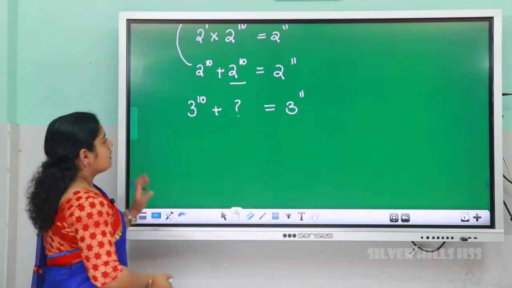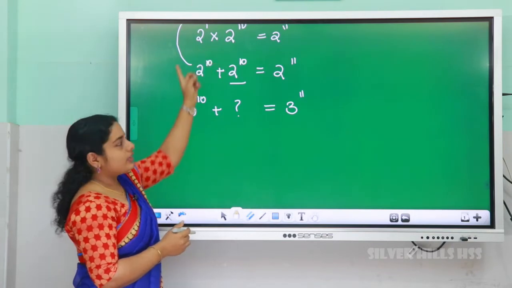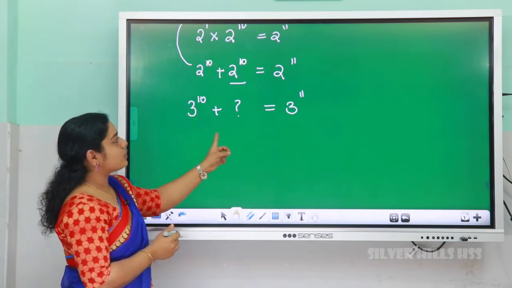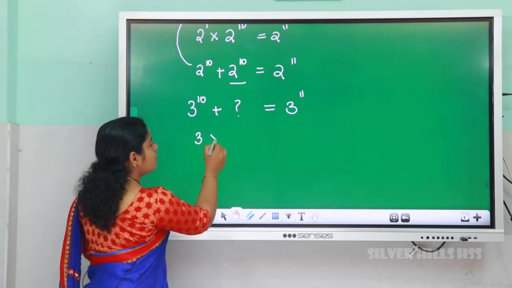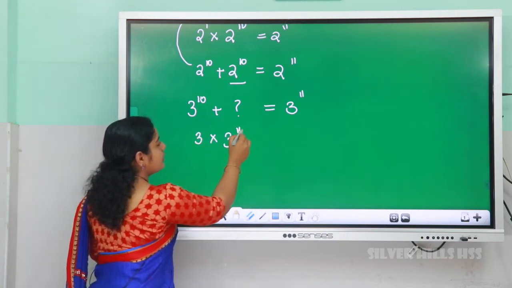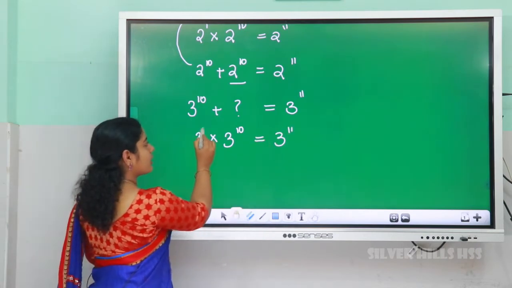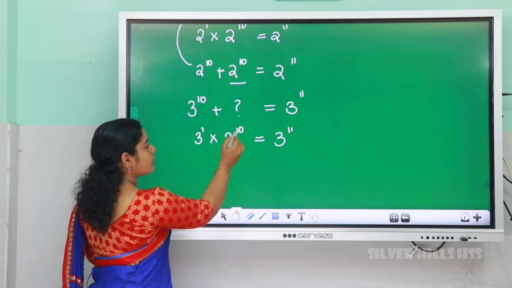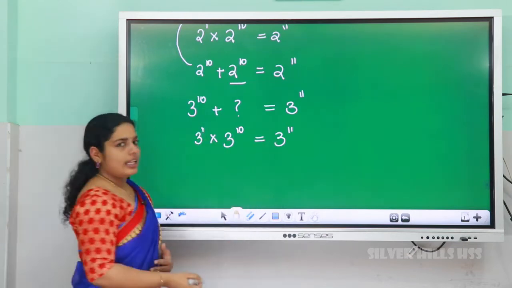Similar to this method, we have here 3 into 3 raised to 10 is 3 raised to 11. Okay, 3 means 3 raised to 1. 3 raised to 1 into 3 raised to 10 is 3 raised to 1 plus 10, that is 11.